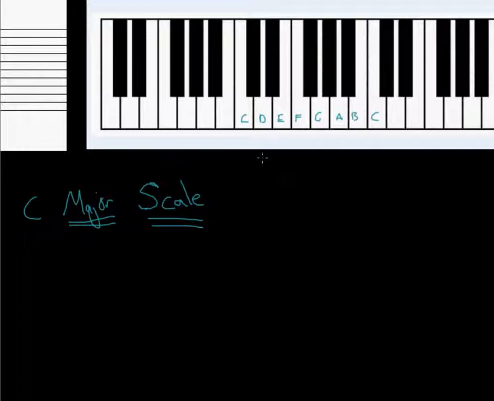It can also be do, a deer, a female deer. You might have heard that song. And at the end, that will bring us back to do, re, mi, fa, sol, la, ti, do, or C, D, E, F, G, A, B, C. This is all the sound of a major scale.